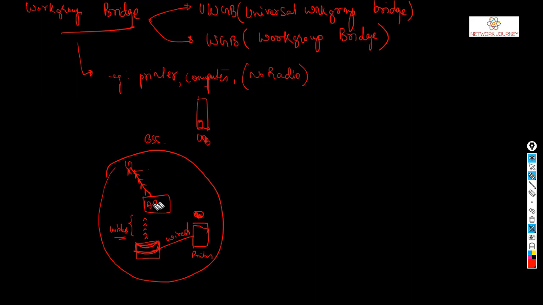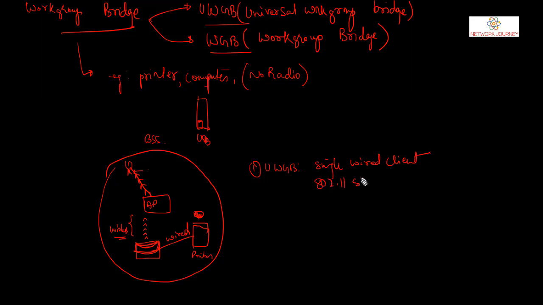Now there are two types I told you. One is universal workgroup bridge and the other is workgroup bridge. So in the case of universal, it's going to support just a single wired client. Okay, so let me write over here, universal. It's going to support a single wired client, and it's based on the wireless standard.